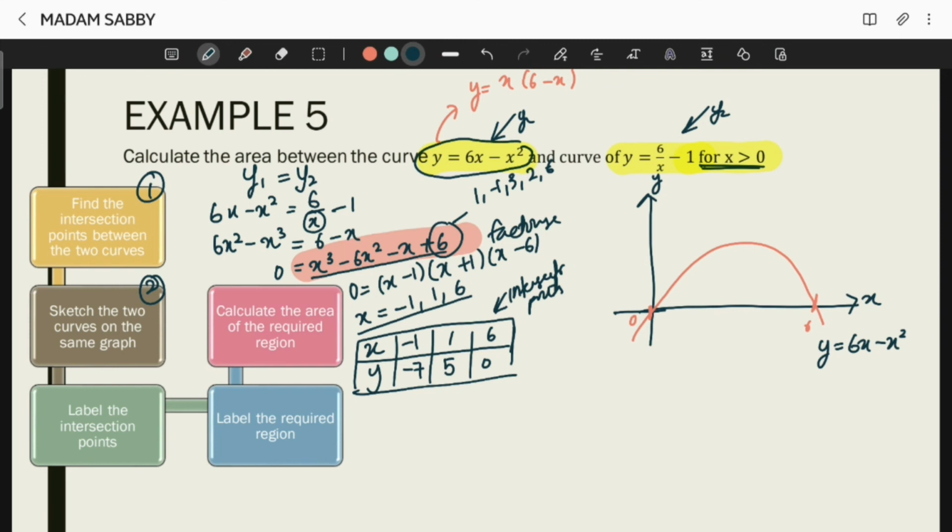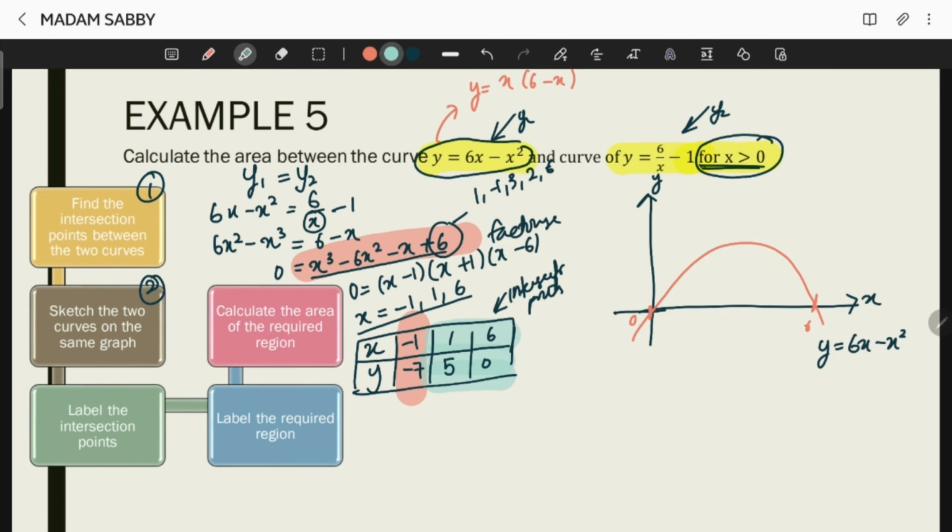We already know that the condition applied here is x greater than 0. So we're going to ignore the negative 1 and the intersection point at x equals -1 and y equals -7. We're only going to focus on the two intersection coordinates, at x equals 1 and at x equals 6.